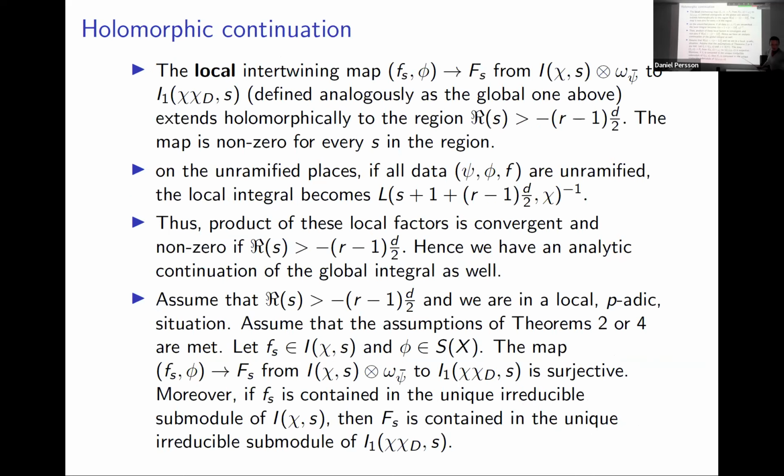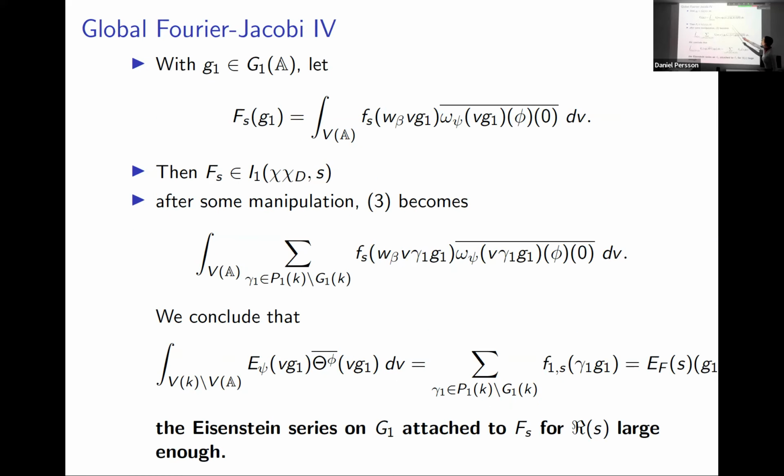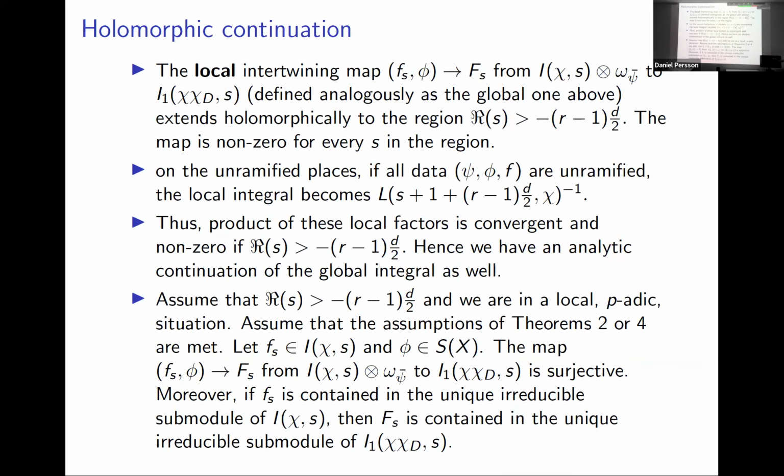And now you write a local version of this integral. This local integral is more or less an instance of the local Fourier-Jacobi, because in this local integral you also have this function here, and this again goes to this local degenerate principal series.